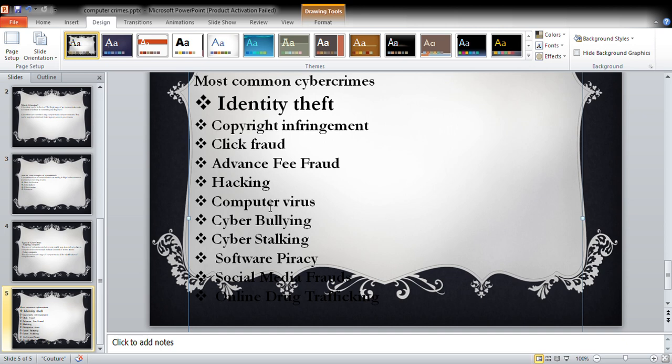For example, a computer virus is targeting computers because it will cause a computer to function in a way it is not supposed to. We have cyberbullying and cyber stalking. Software piracy is also an example of a crime that is targeting the computer. And we have social media frauds and online drug trafficking.